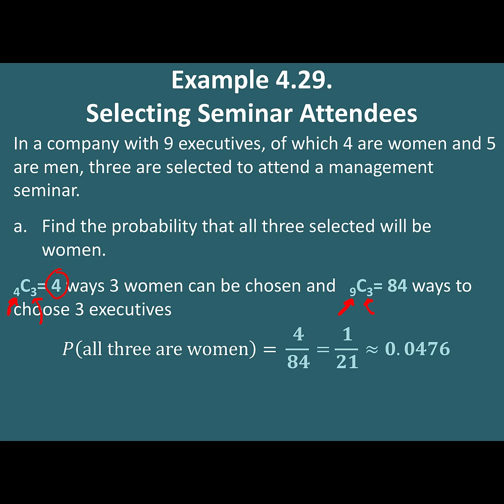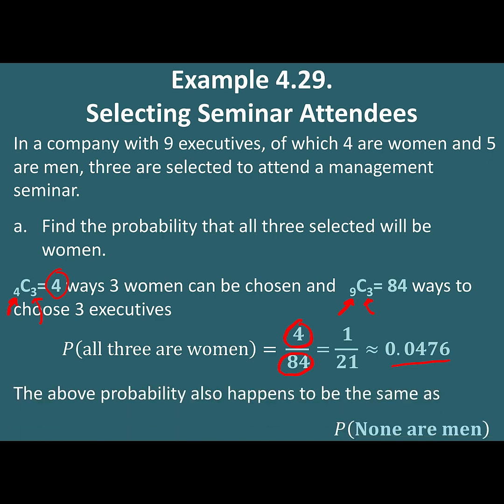Now all we simply do is we take the number of ways that 3 women can be chosen and divide it by the number of ways any committee of 3 will be chosen from the group of 9, reduce, and here we get 0.0476. Now also, the above probability also happens to be the same as the probability that none are men.